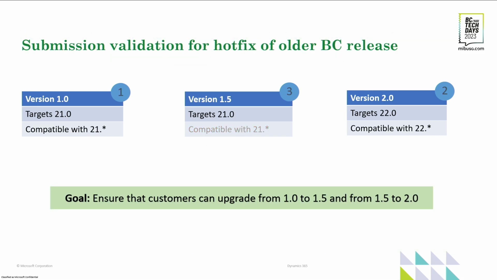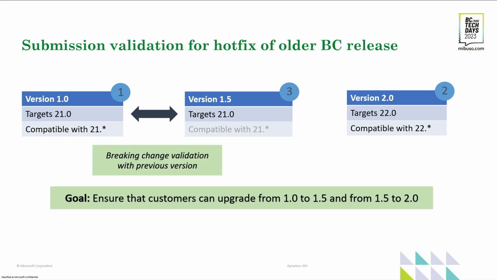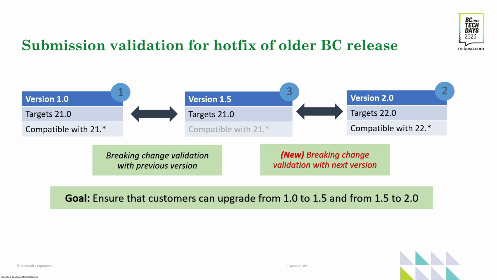As part of the technical validation, we mentioned that we're checking for breaking changes to make sure that your customer can smoothly upgrade from one version to another. And we discussed that we have breaking change validation with the previous version of your app. But since you're now pushing a version in the middle of other ones, we also introduce validation for breaking changes with the next version of your app.